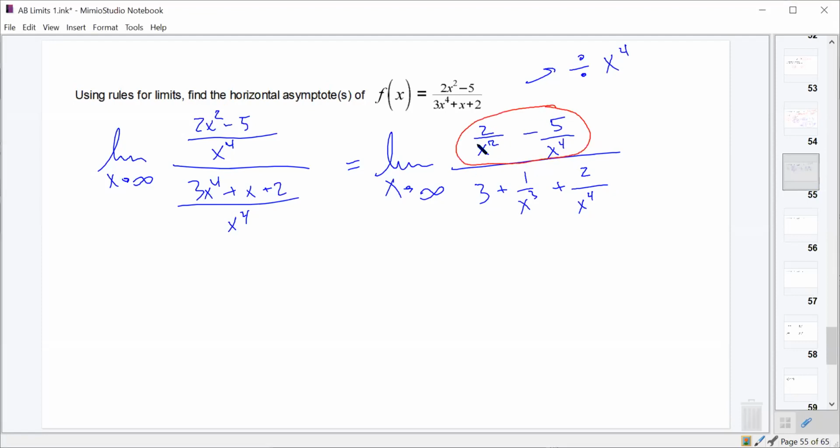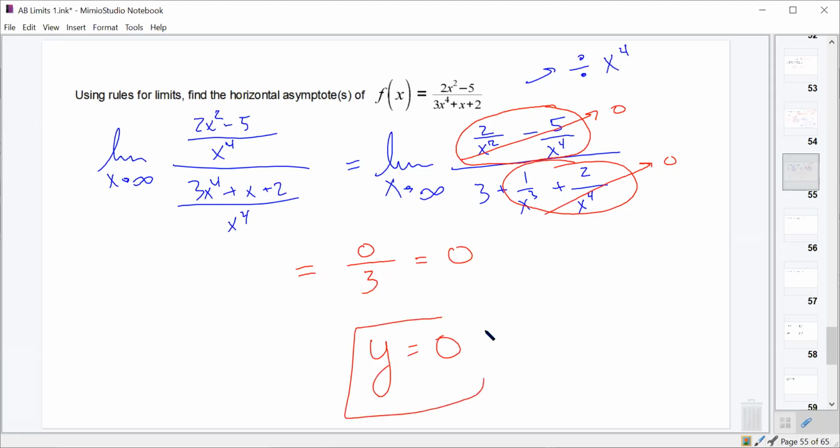What happens to both of these terms? They get really close to 0. And what happens to both of these terms? They also get very close to 0. We just end up with 0 over a constant, a non-zero constant, so we get 0.